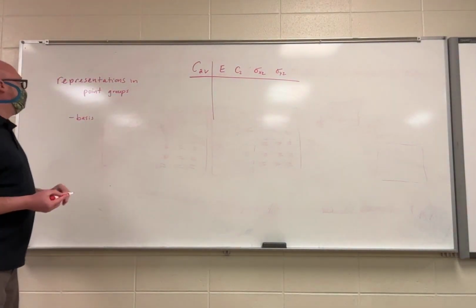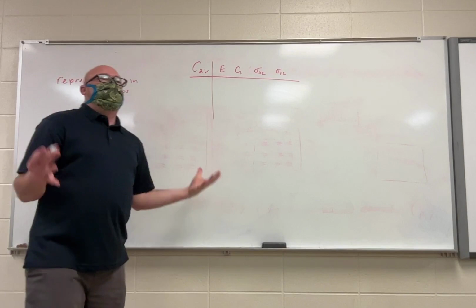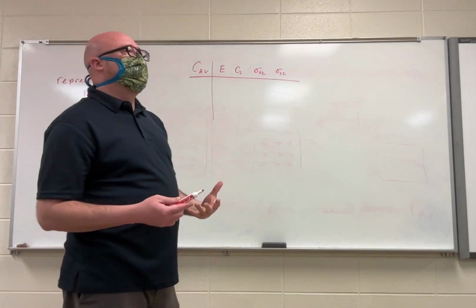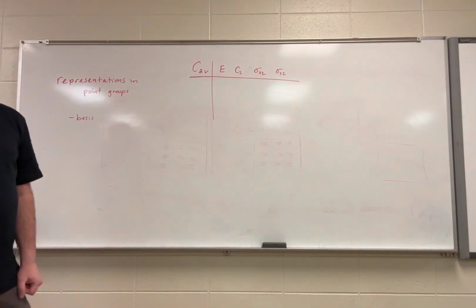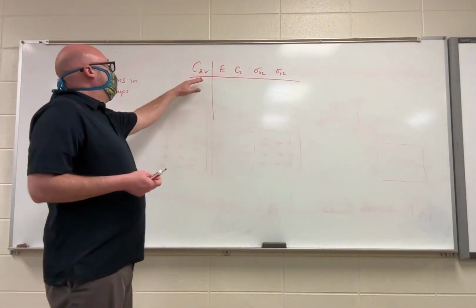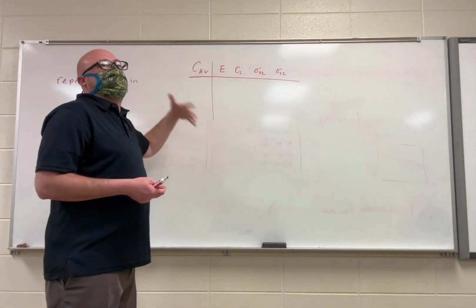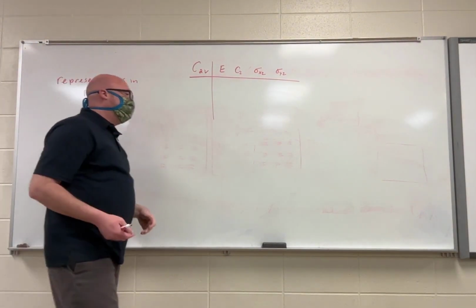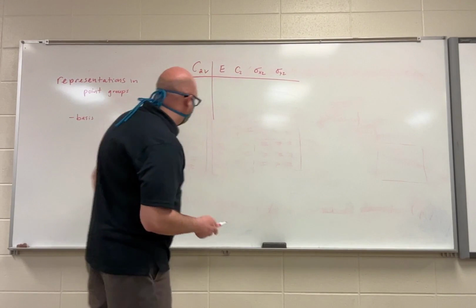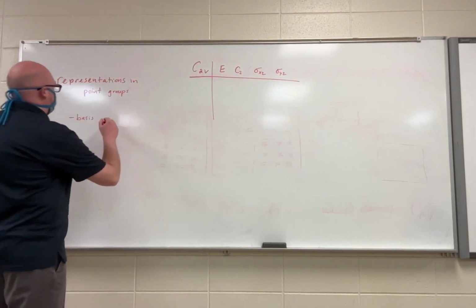All right. There are all sorts of possibilities for what one could choose as a basis for making a representation within a point group. So you could have lots and lots of bases. For example, we could take X, Y, and Z as a basis.